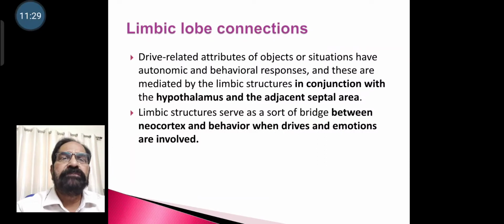Drive-related attributes of objects or situations have autonomic and behavioral responses, and these are mediated by limbic structures in conjunction with hypothalamus and adjacent septal area. Limbic structures serve as a sort of bridge between neocortex and the behavior when drives and emotions are involved.